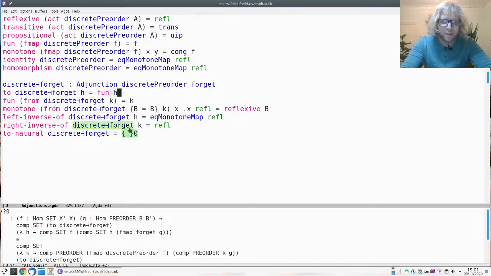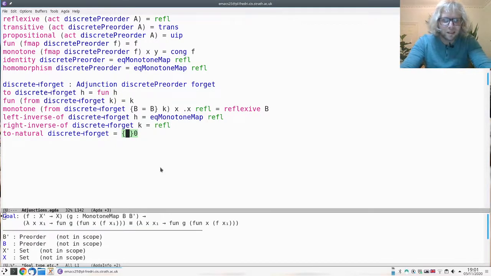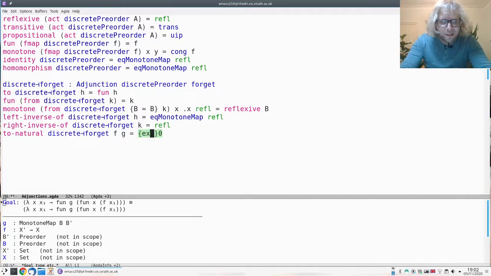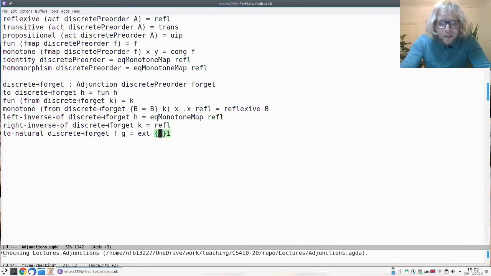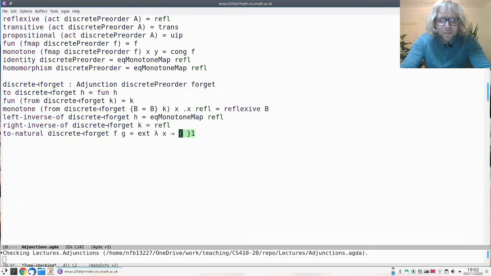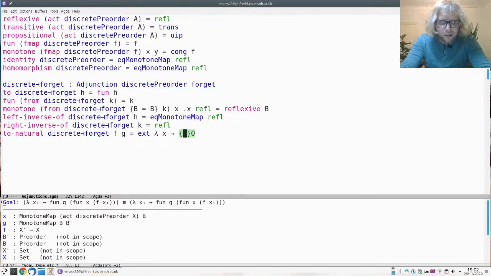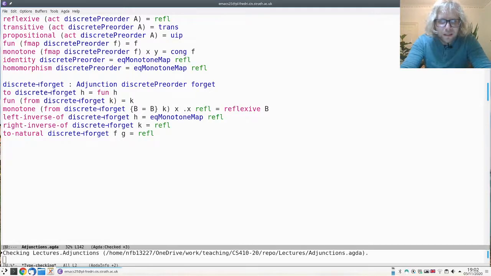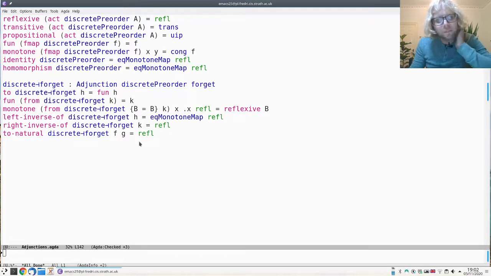So that round trip was easy. What about here? We're proving that it's natural, so we get given the f and the g. We have to show that two functions are equal. Okay. And now we have to show that these are equal. I think they are. Yes. So maybe we didn't really need to do that. No, it was fine anyway.